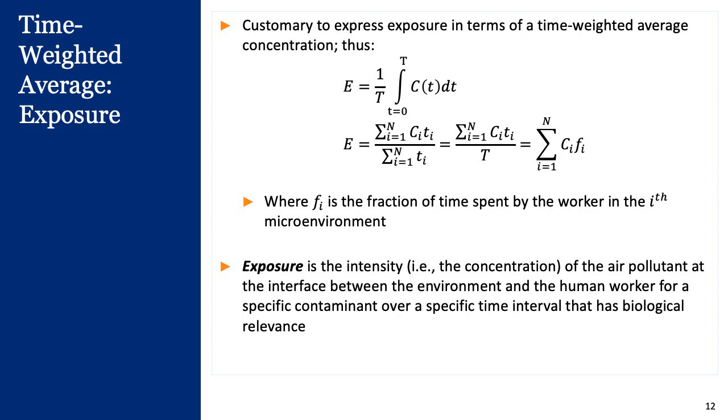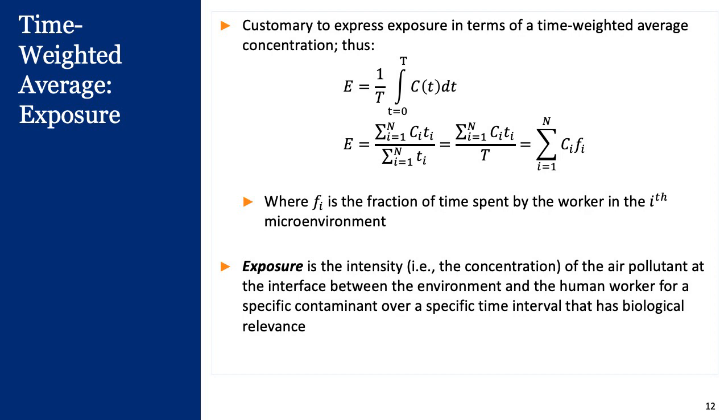So in the top equation, we can see the exposure is the integral of the concentration over the time interval 0 to T divided by T. And the same thing is true for the discrete form of the equation, where we take the summation of Ci times ti over the n time intervals, and you divide it by the sum of the n time intervals.